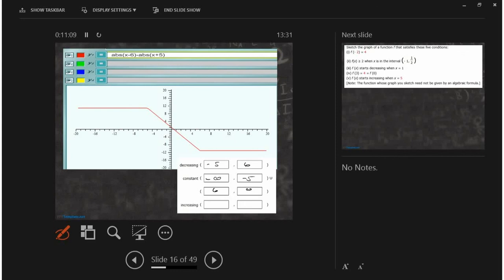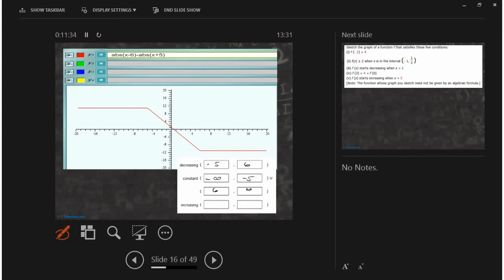So I don't know what they want us to put in there. It's not increasing. It's only constant, and then it goes down, and then it's constant. We're going to have to put that mu symbol, for constant from negative infinity.